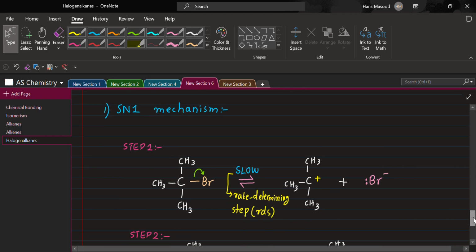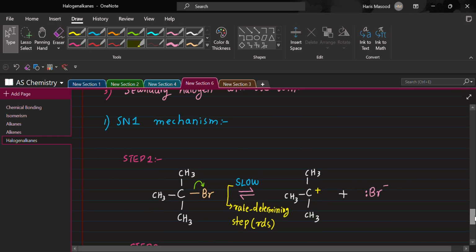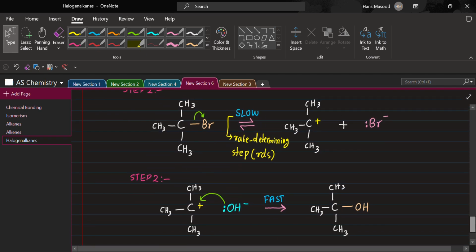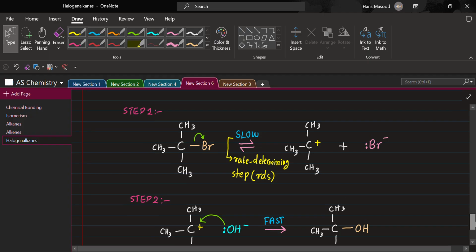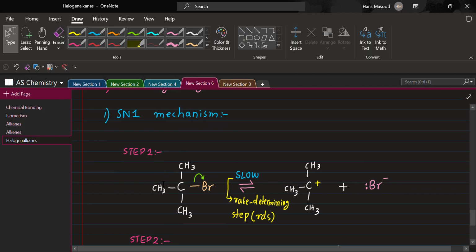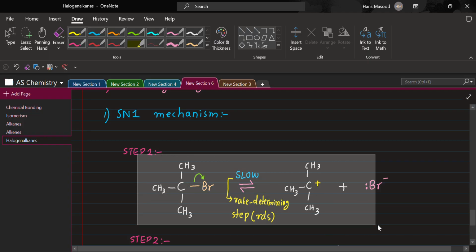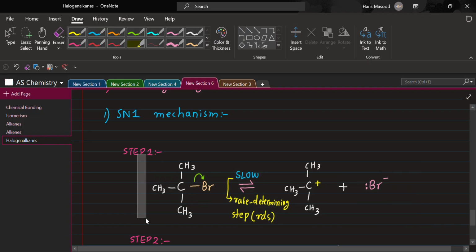First we are discussing SN1. SN1 happens in two steps. The first step is a slow step, the rate determining step, RDS. The carbon gives its lone pair to the Br and Br gets separated.